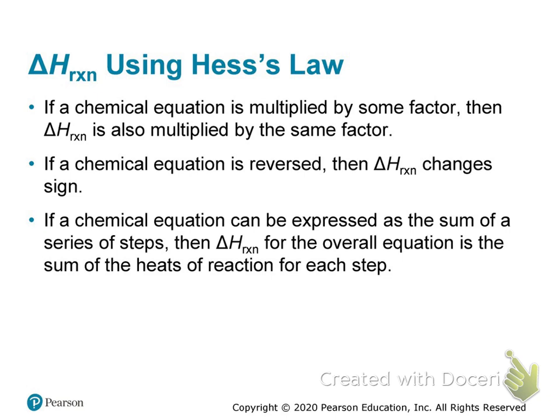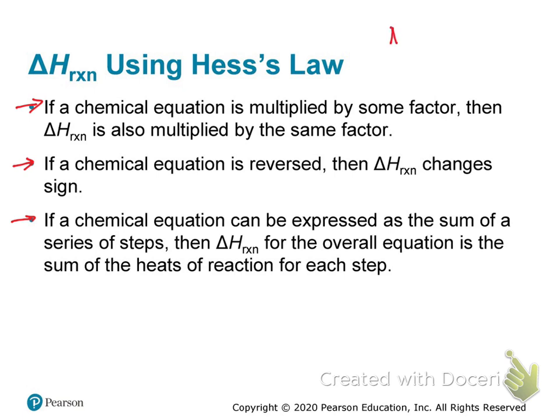So we're going to use Hess's law the following way. We have to look at these 3 bullets here. These are manipulations of enthalpy that we have to know. Every time we multiply an equation by a factor, the enthalpy is being multiplied by the same factor.